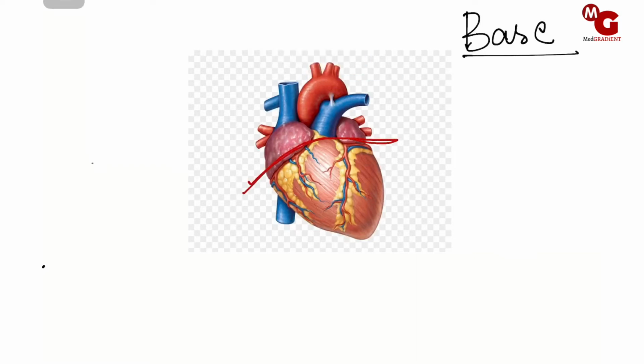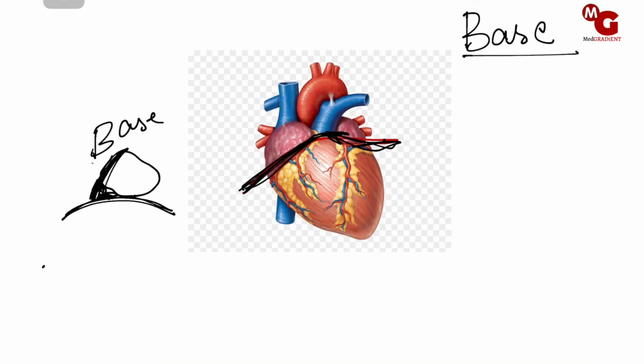Let me make it black. This part of the heart is called the base, because the heart rests on the diaphragm like this, and the part of the heart that is attached to the diaphragm is over here.